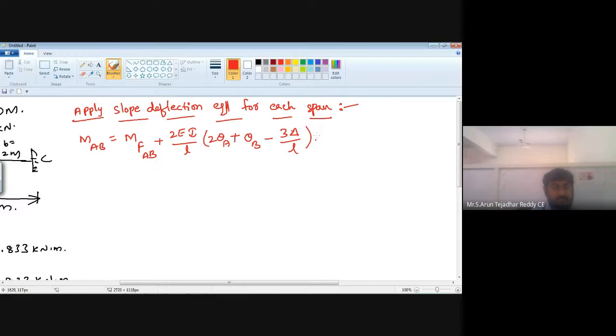You already know that. Okay. And now, what are the conditions for slope? What is the condition for delta here?